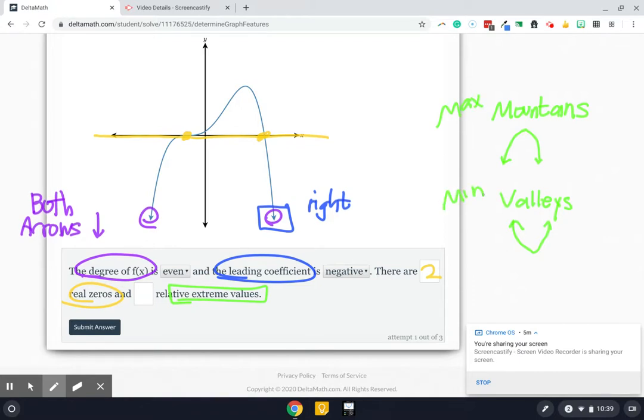The one thing is we do not care about wiggles. And this graph has a wiggle. I'm going to skip over the wiggle and pretend it didn't exist. I do, however, care about this beautiful mountaintop. I'm going to say there's one relative extreme.